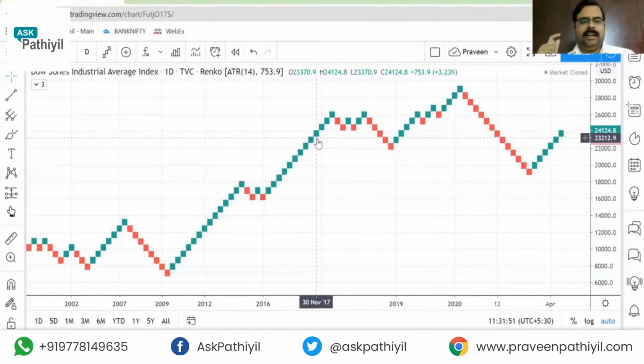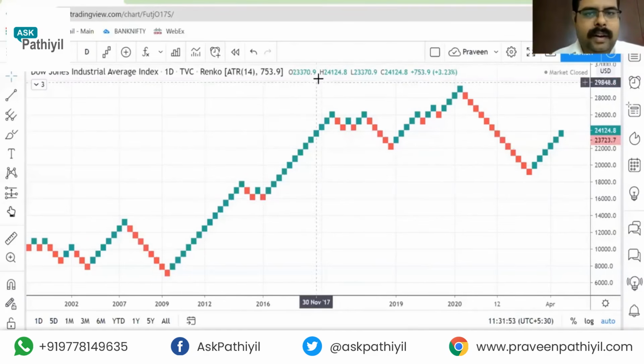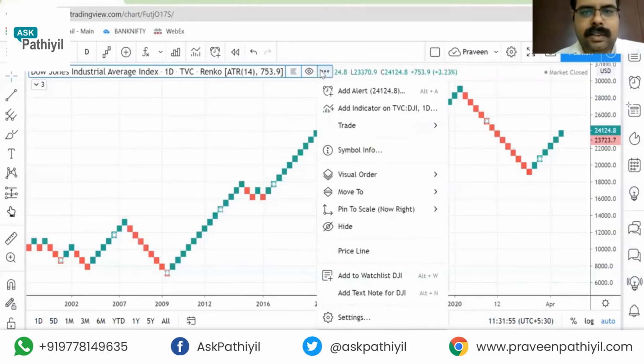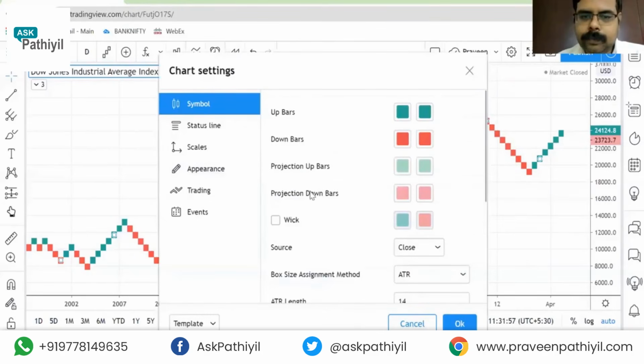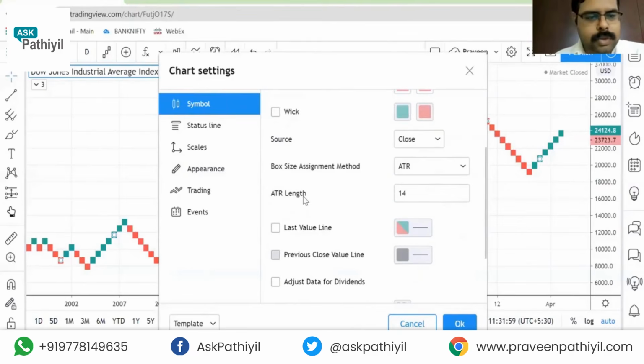If you look at it, even in this particular software, if you go to the settings, you will understand that when it comes to defining the box size, there are two methodologies used: the ATR and the traditional.